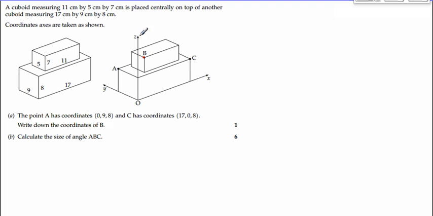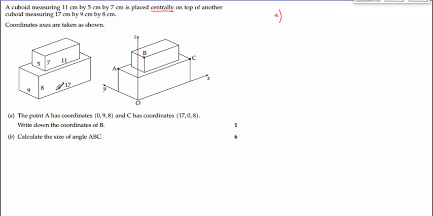Now, the key word here is the cuboid measuring these dimensions placed centrally on top of another cuboid. Centrally means it's not askew, it's bang in the middle. So to get to that point B, when you're going along the x-axis, this distance here is 17 for that bigger cuboid, and on top, that cuboid there is 11.